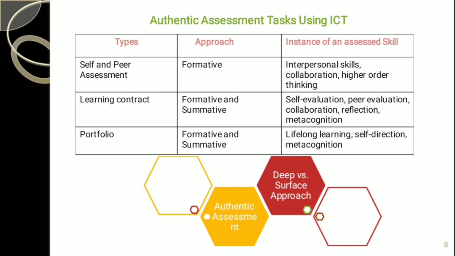There is a learning contract, which is both formative and summative assessment. It involves the skills regarding self-evaluation, peer evaluation, collaboration, reflection, and metacognition. There is portfolio, which is formative and summative. They involve lifelong learning, self-direction, and metacognition.